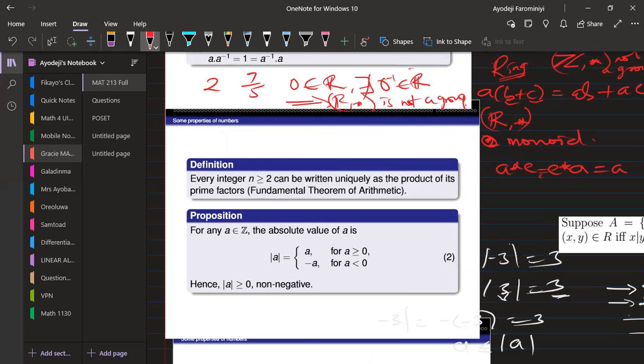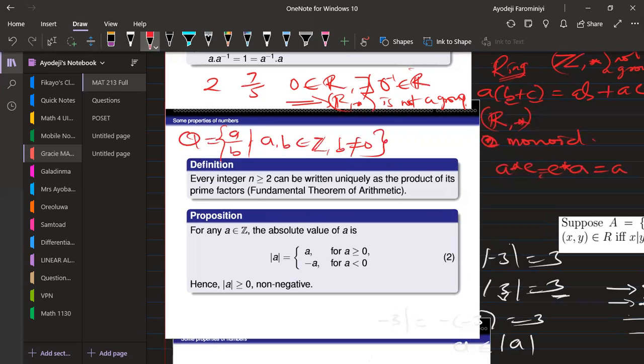for all rational numbers, what are rational numbers? Rational numbers are numbers that can be written as a over b, where a and b are in Z, and b is not equal to zero. That's how we define rational numbers.